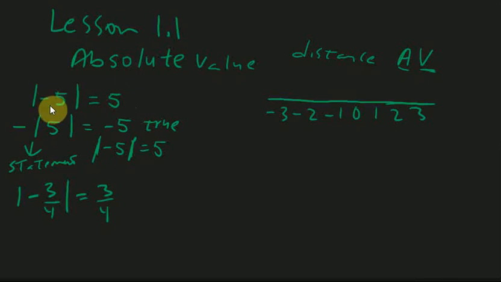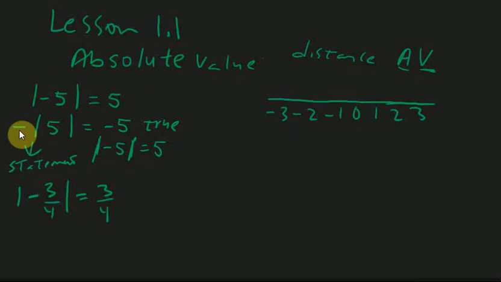For example, if you were given -5, the absolute value will be 5, right? What about a sign outside? This has nothing to do with the absolute value. This is not inside the absolute value. This is outside, right? Calculating distance, we're talking about what's inside the absolute value. -5 is inside the absolute value, and we're trying to get the distance.